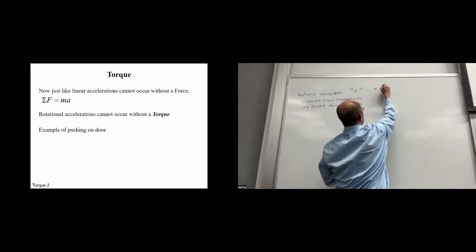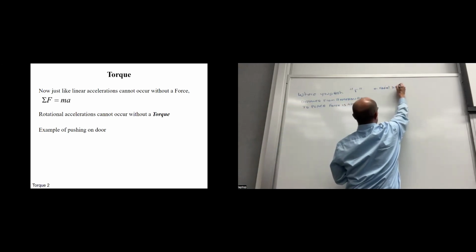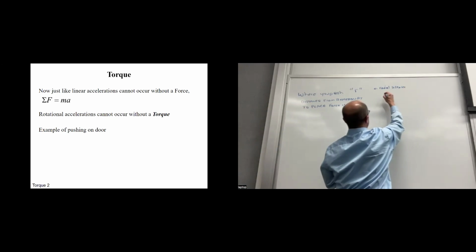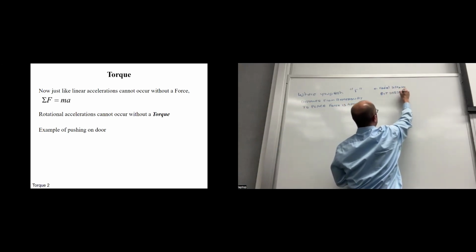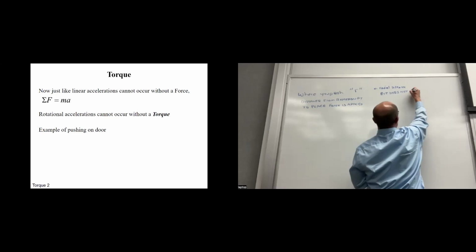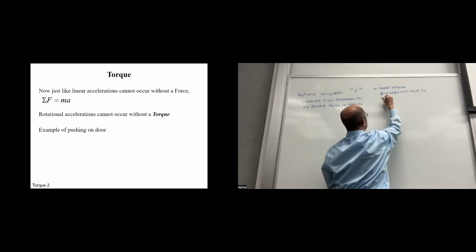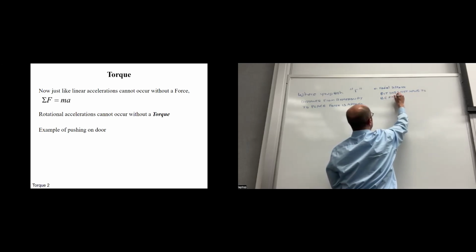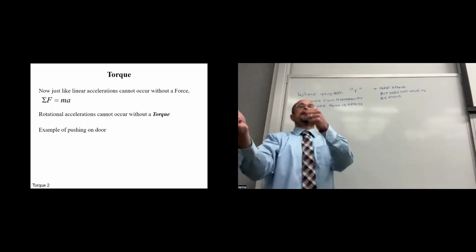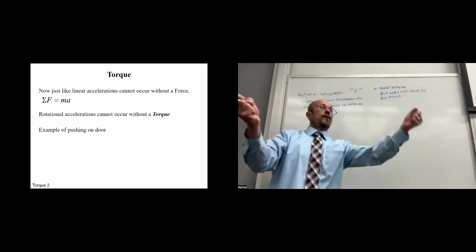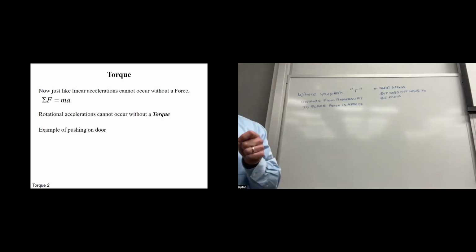Sadly, this is called the radial distance, but it is not the radius. But it doesn't have to be the radius. All it is is that distance from wherever the rotation is happening to where your force is applied. Is everyone okay with that?